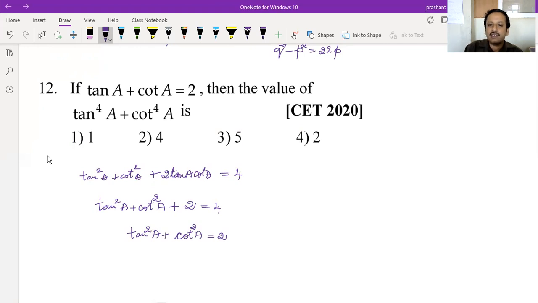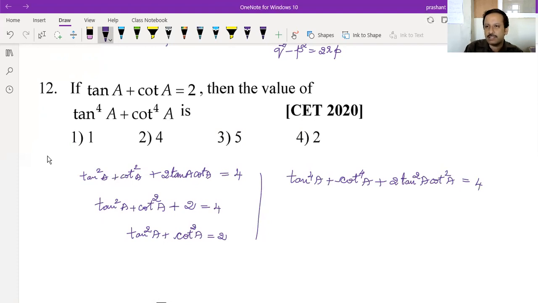Now square this equation again. Squaring this again, we will get tan power 4a plus cot power 4a plus 2 tan square a into cot square a is equal to 2 square, it will be 4.